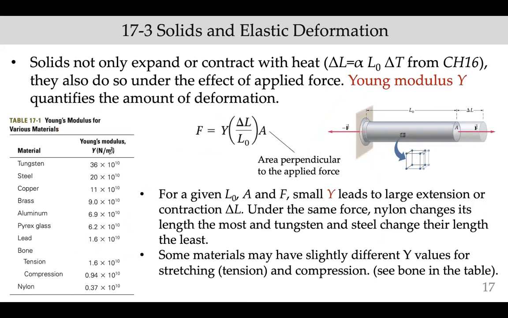Okay, so now let's move to solids and elastic deformation. There's not really any thermodynamics in this section, but this is also important. Solids not only expand or contract with heat, which we learned in the previous chapter. If you give some heat to a solid and change its temperature, this was the initial length.